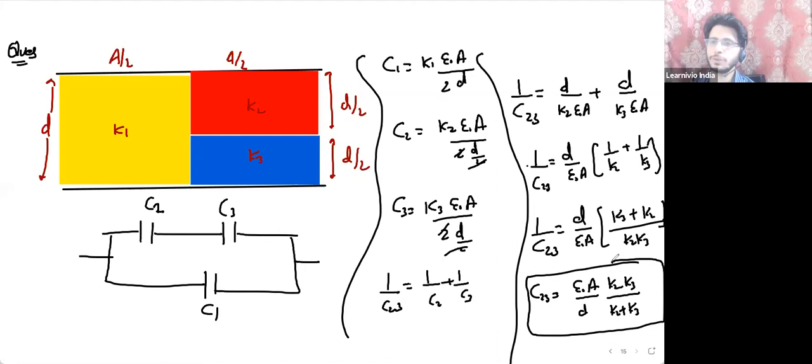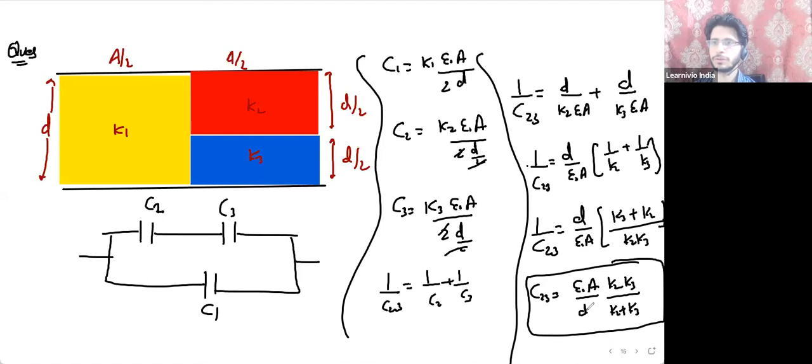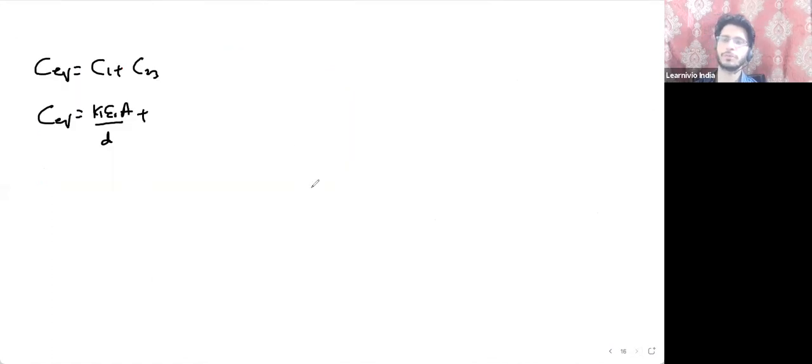Now, once you have C23, C23 and C1 are in parallel. So you can write C equivalent as C1 plus C23. C1 is K1 epsilon naught A by 2D, plus C23, which is epsilon naught A by D, times K2 K3 over K2 plus K3.